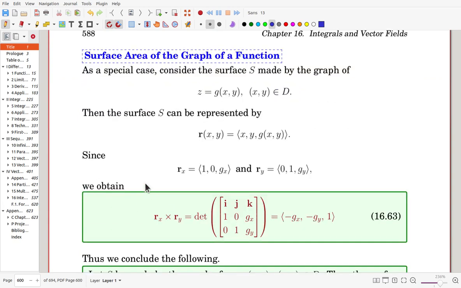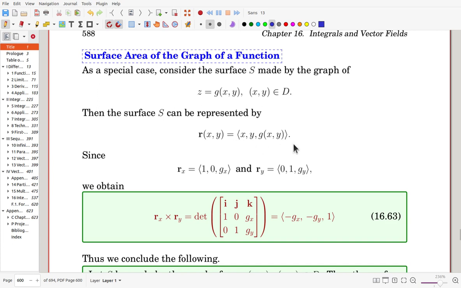Okay, now we'll consider a special case. A surface can be made by the graph of a function z equals g of x, y. So naturally, we can get the collection of points that is the graph, and the surface can also be represented by this map.